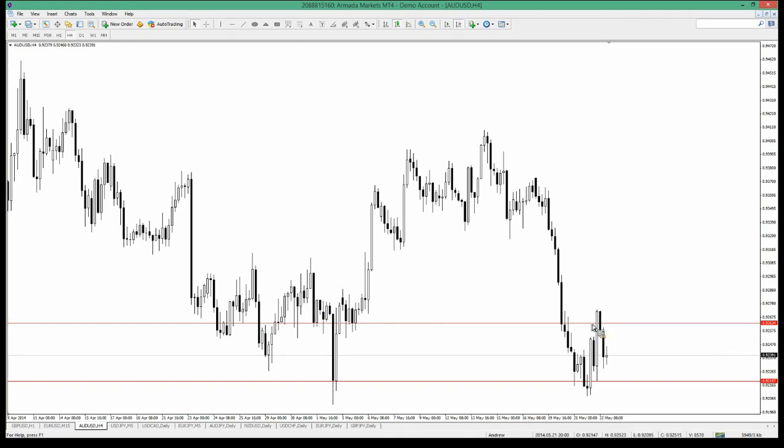But in terms of entering, it doesn't matter how you enter, whether you want to trade a limit order off a level, or get in with some sort of pattern. Try and make it a rule to enter as close to the level as possible, as close to the source as possible.